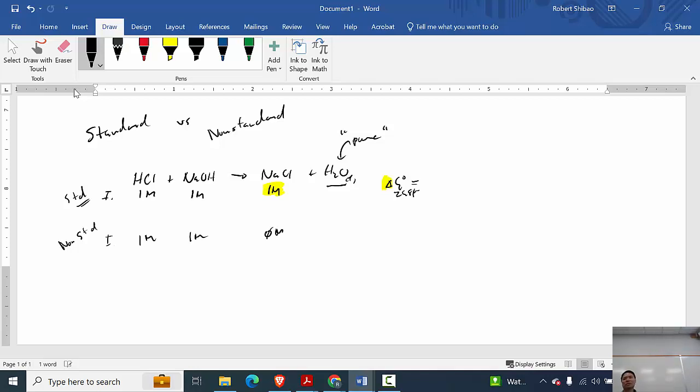Who wants to put product in there to begin with? So this is non-standard. Can I use delta G standard for non-standard conditions? No, I can't. The temperature could be the same, 298 Kelvin, no big deal. But now this is no longer standard.